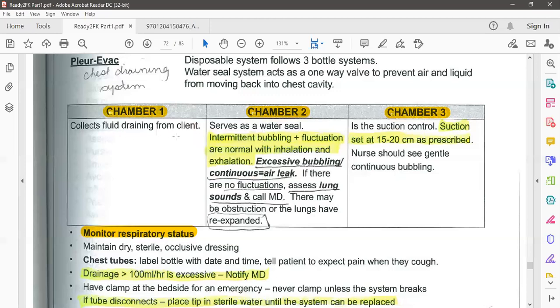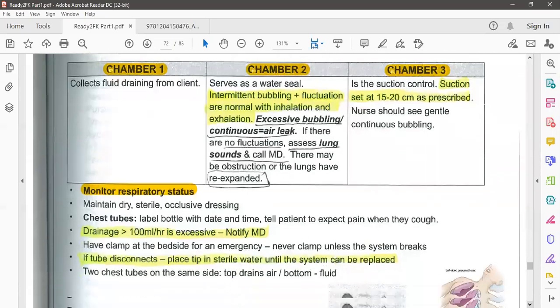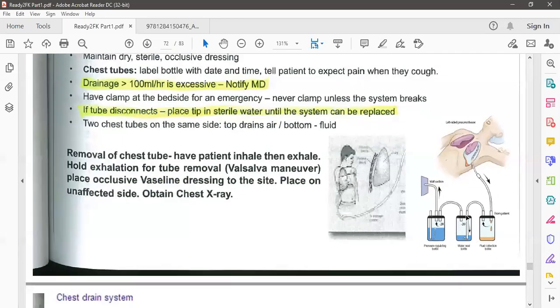Next, chamber 2, we call the water seal chamber. It serves as a water seal. Keep in mind, in the water seal chamber we always add sterile fluid up to the 2 centimeter line. In this picture, I can show you, this is the water seal chamber.